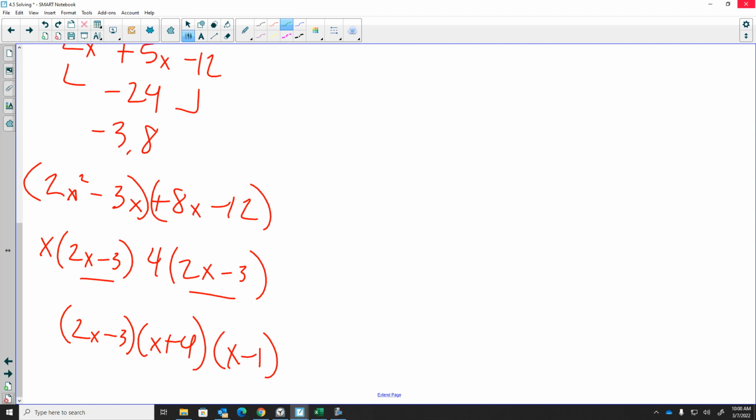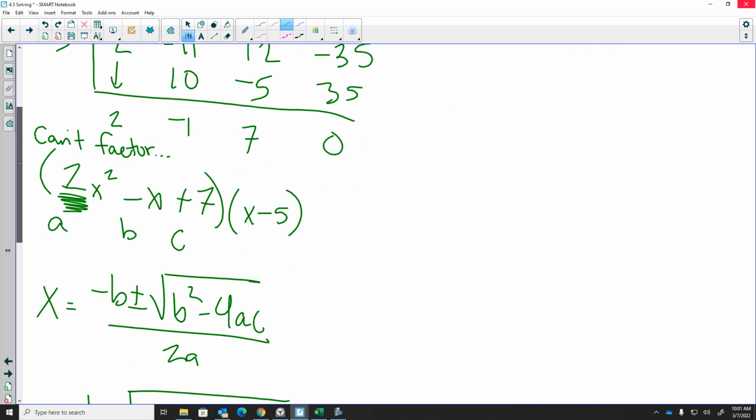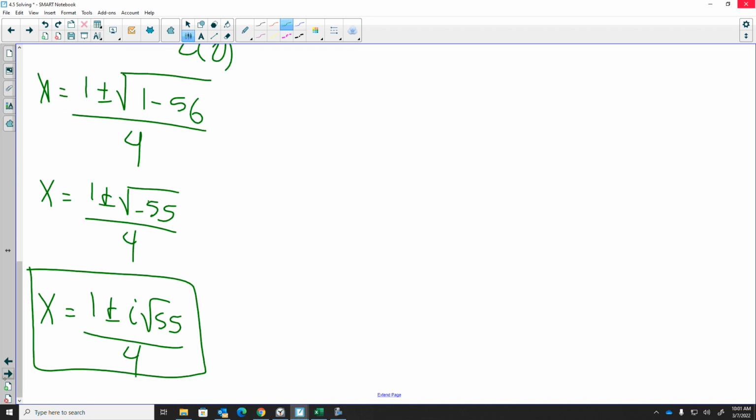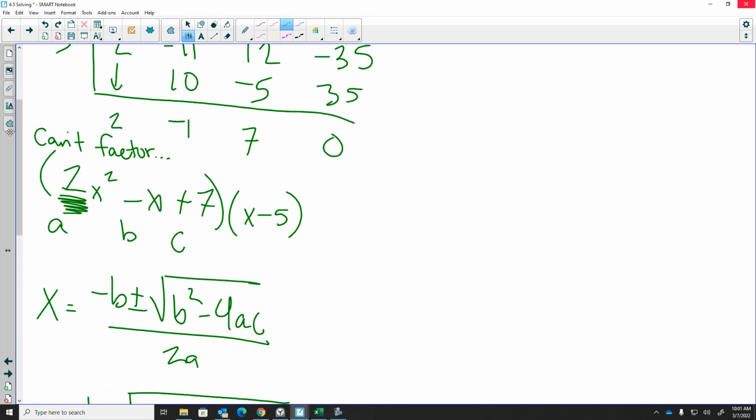But in this one that we're doing here, well, I couldn't factor this thing, right? So I had to solve it another way, and I got this. But I can still solve from this thing, right? How do you get a 0 from this thing? X minus 5. You just set it equal to 0, right? Just like you always did. So I had to solve this piece using the quadratic formula.